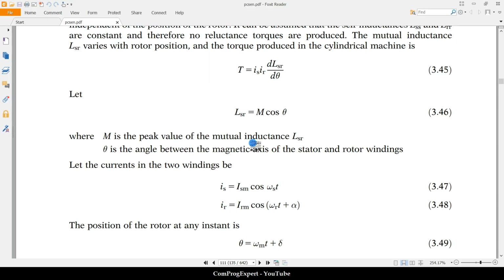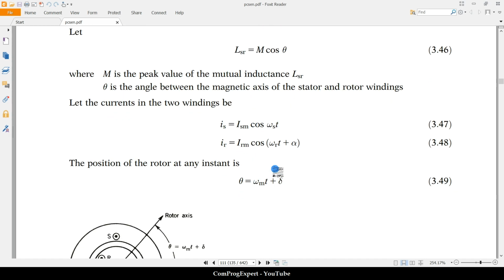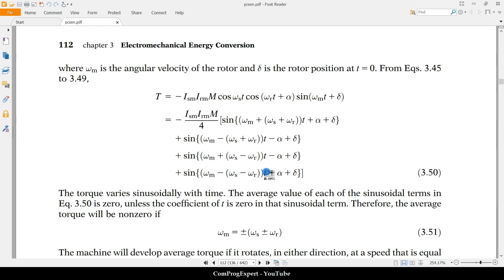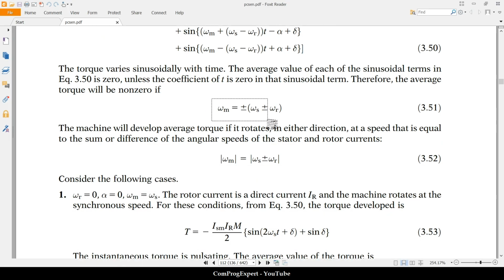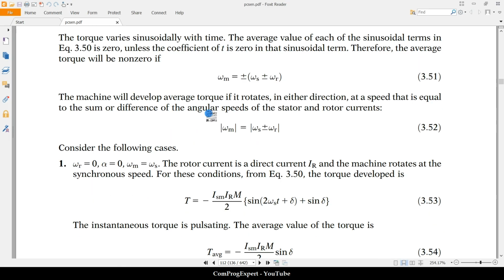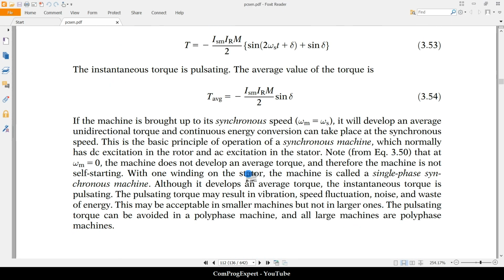In this equation, if we consider this function for mutual inductance, we can calculate the derivative and calculate the value of the magnetic torque explained in this reference. Again, these important numbers are discussed, these conditions where we have the average torque.